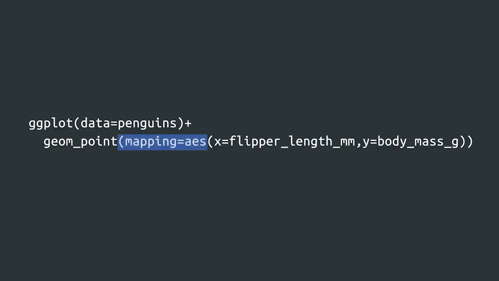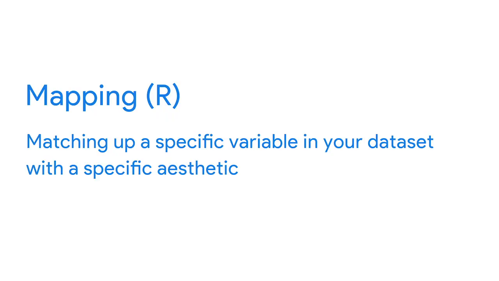The mapping equals aes part of the code tells R what aesthetics to use for the plot. You use the aes function to define the mapping between your data and your plot. Mapping means matching up a specific variable in your dataset with a specific aesthetic.